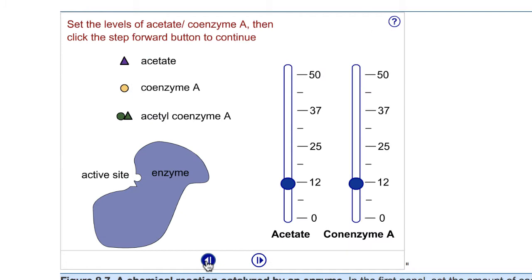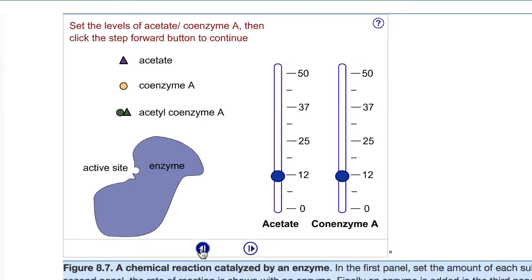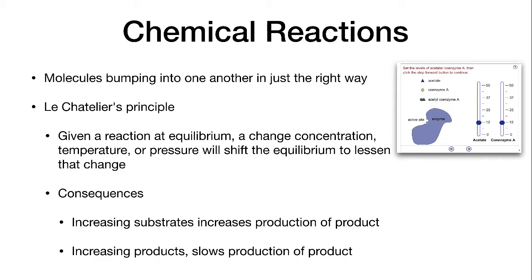So, increasing the concentration increases the reaction rate. This idea is generalized as Le Chatelier's principle, which states that given a reaction at equilibrium, a change in concentration, temperature, or pressure will cause a reaction that shifts the equilibrium in a manner to lessen that change.